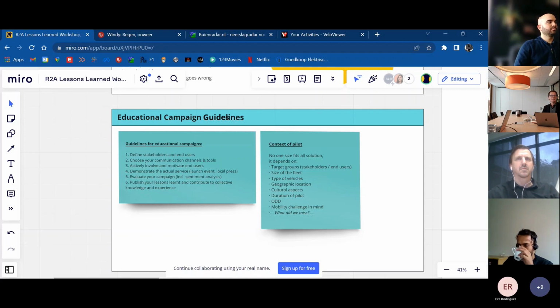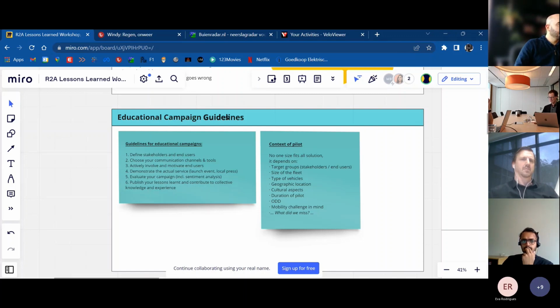And in the end, you also have to evaluate your campaign. So you have to look back, seeing how efficient it was. The sentiment analysis, Floris, you talked about that.